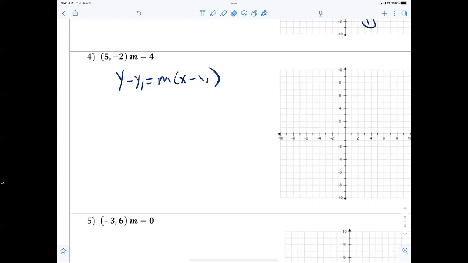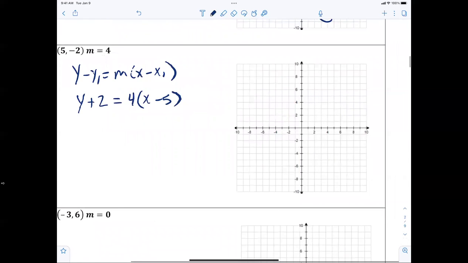That would be y plus 2 is equal to 4, in parentheses, x minus 5. You are amazing. All right, now tell me how to graph, please. As clearly as you said that.